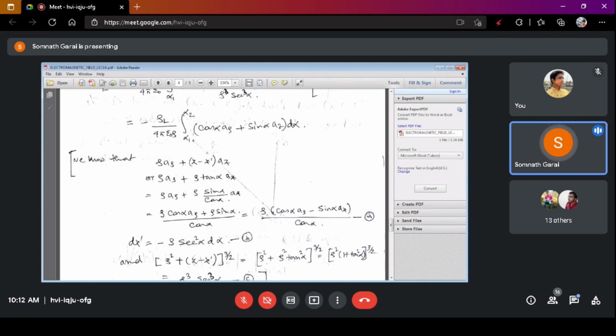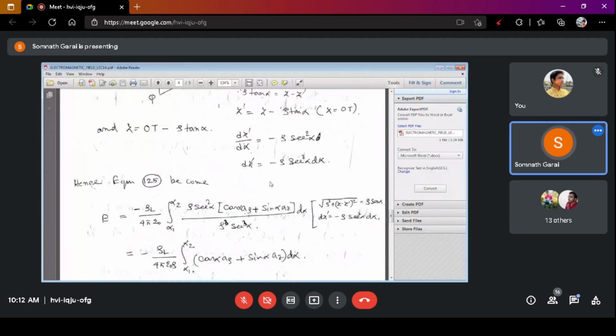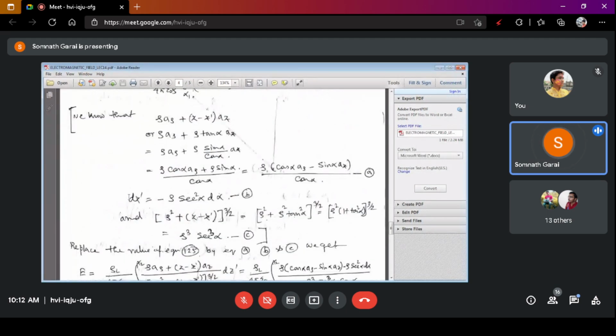And this is equation number 1. And dz dot we have already calculated: minus rho sec square alpha d alpha. Okay, dz dot is equal to minus rho sec square alpha d alpha. That is equation number 2.